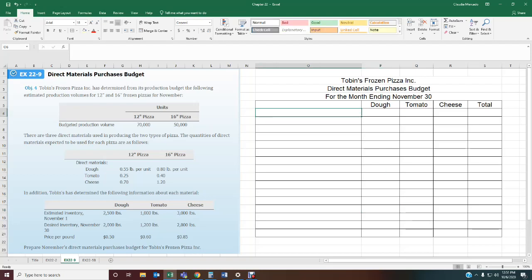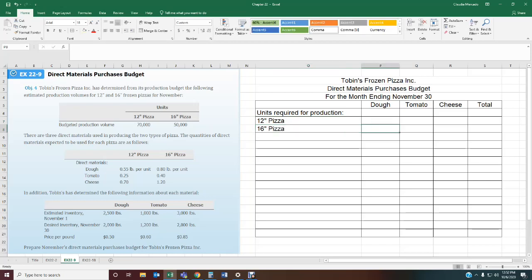We're going to start off with the units required for production of our 2 types of pizza. Now we're going to have the 12-inch pizza, and we're going to have the 16-inch pizza.